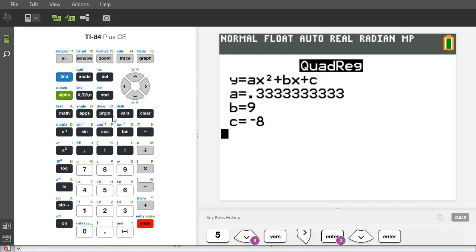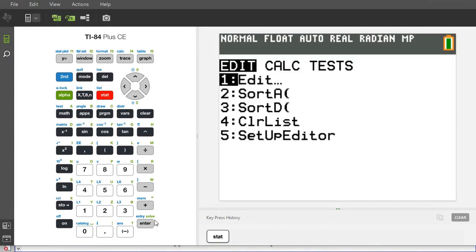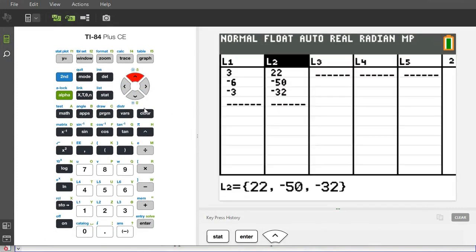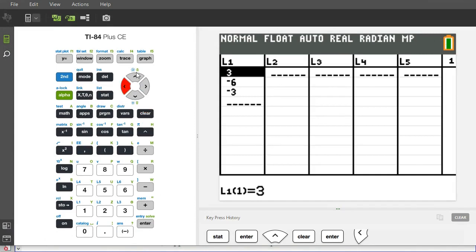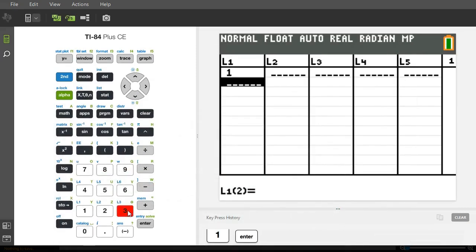I'll do the same thing for problem 3. So if I go to my calculator, I hit stat, edit. I'm going to clear out the answers that I have. And then I will type in 1, 3, -2 for my x's.